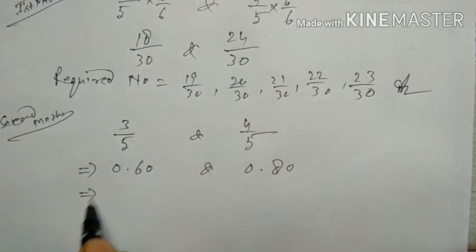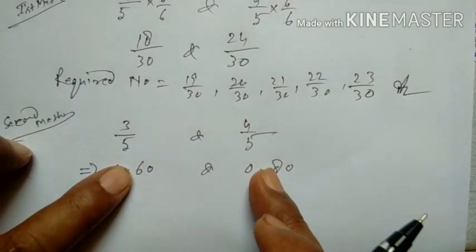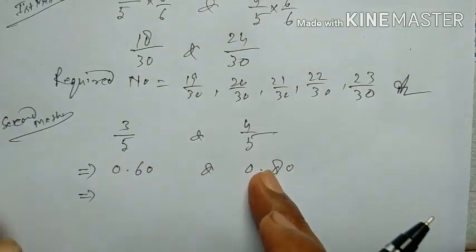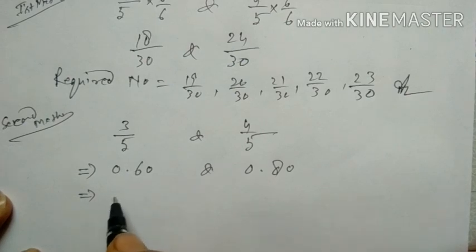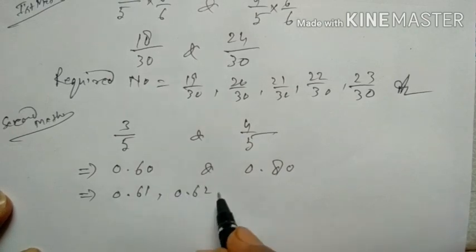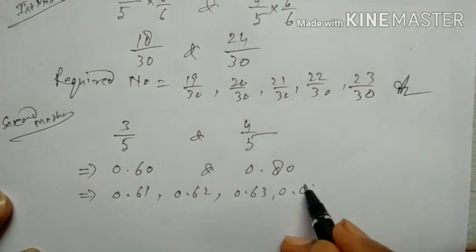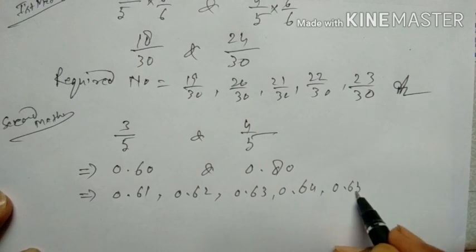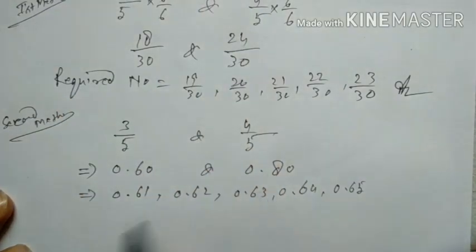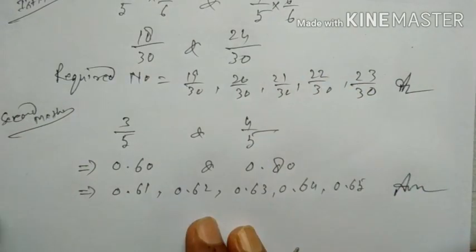So now you can write decimals: this is 0.60 and this is 0.80. So the numbers between 60 and 80 are 61, 62, 63 and so on. So you will write the first number 0.61, second 0.62, 0.63, 0.64, 0.65, and so many numbers. Our aim is to write 5 rational numbers. So 1, 2, 3, 4, 5, this is the required answer. You can solve like this or like this.